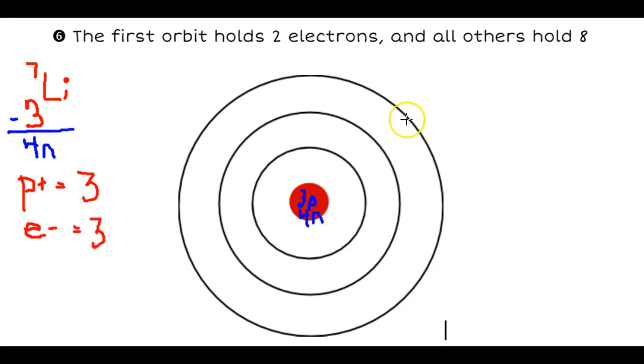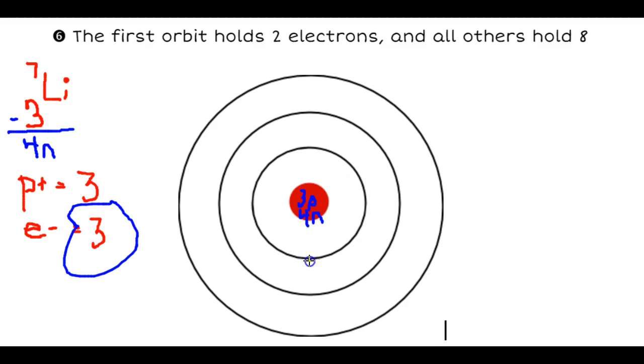But now I'm going to start to populate these orbits with electrons. Normally I would not have all of these orbits present. I just draw them in as the electrons fill them. So with lithium, I have 3 electrons, and I always fill electrons from the first orbit outward.